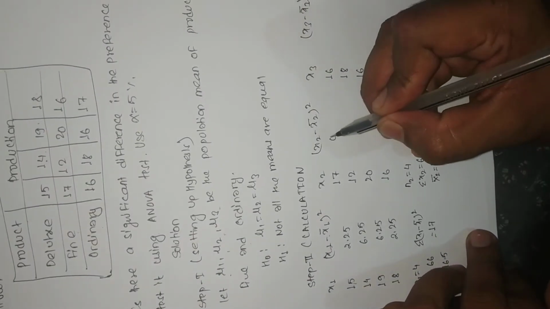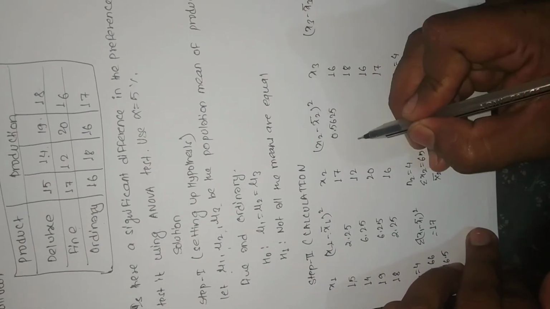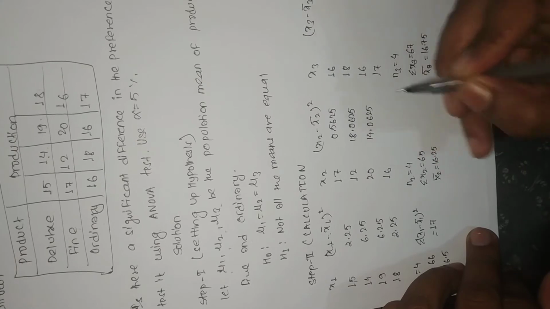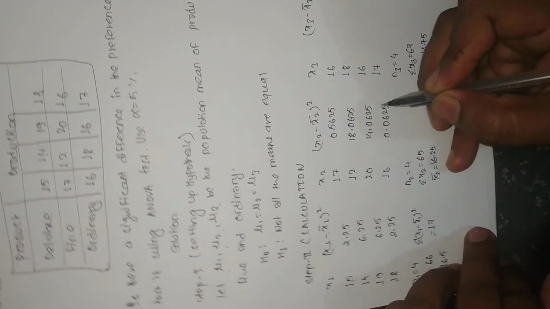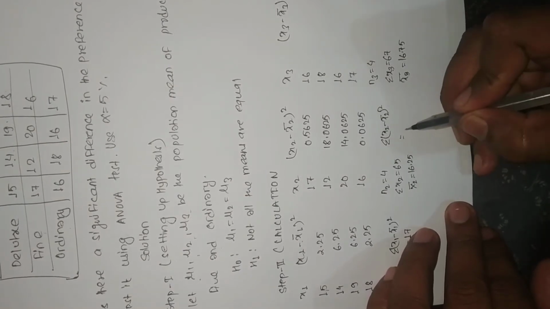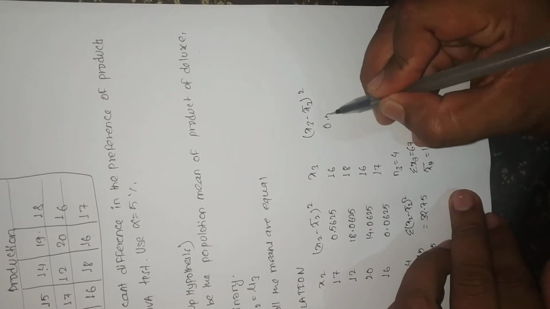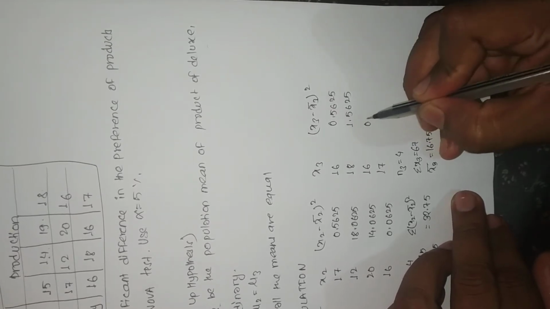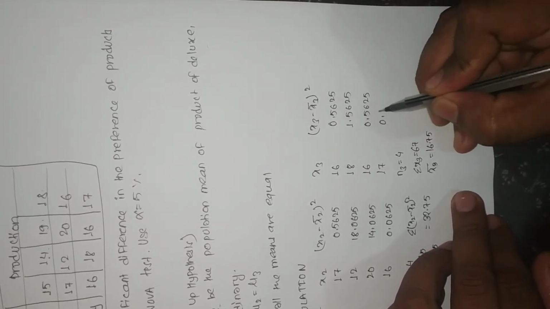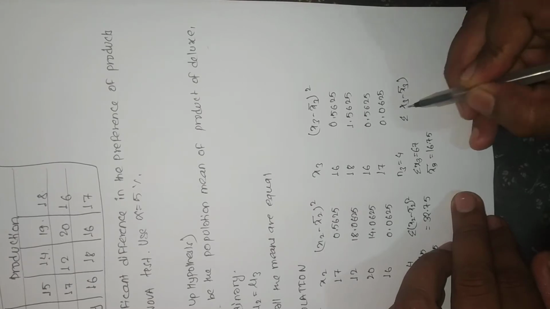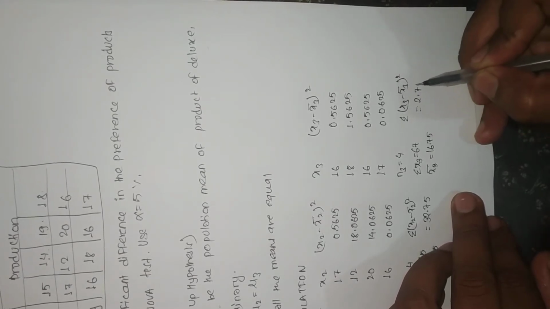For x2 minus x2 mean whole square the values are 5.0625, 18.0625, 14.0625, 0.0625, and the summation will be 32.75. For x3 minus x3 mean whole square the values are 0.5625, 0.5625, 0.5625, 0.0625, and the summation will be 2.75.